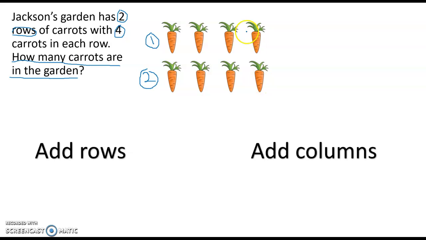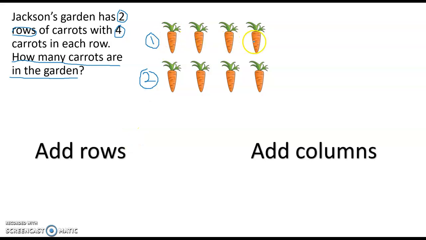This makes an array because my rows and my columns are the same. We've got the same number in each row, 4, and we've got the same number in each column, 2. So let's write 2 different equations that will help us solve this to figure out how many carrots are in the garden. We can add our rows.